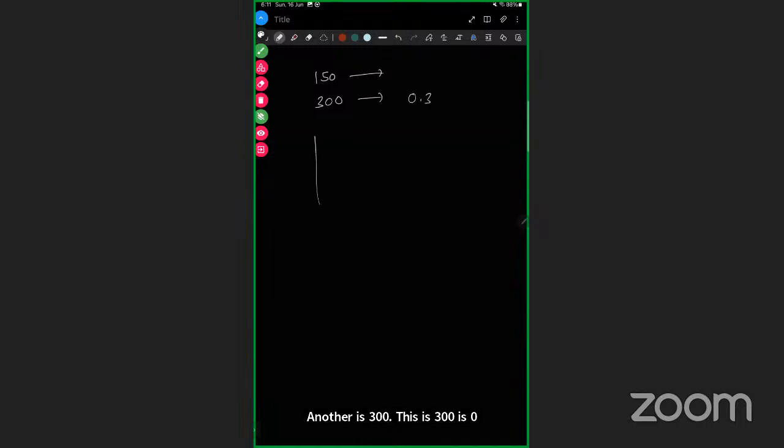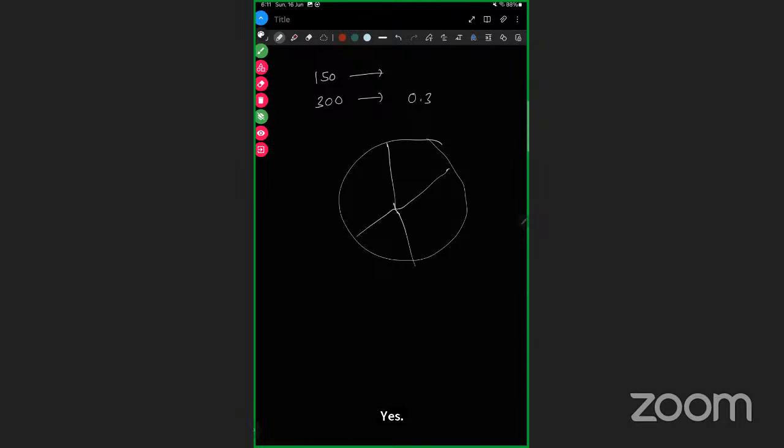Let's say this is a pie chart, and all these categories represent one whole. If 300 people is equal to 0.3 representation-wise, that's like 30% of the pie. 0.3 is 30, so you can say 30%.